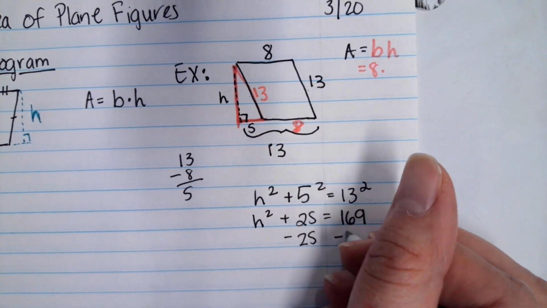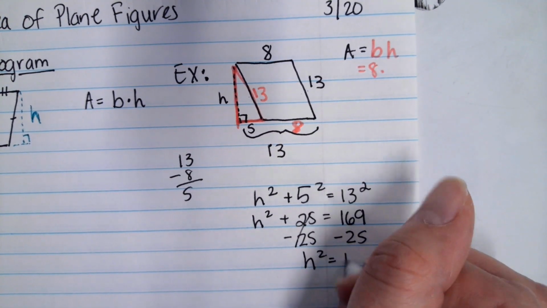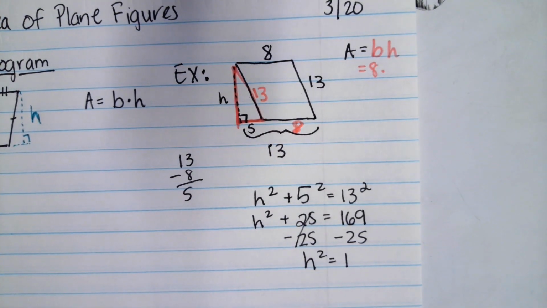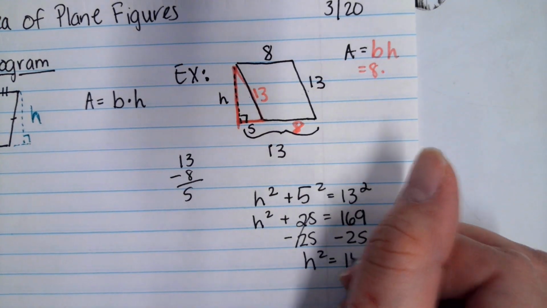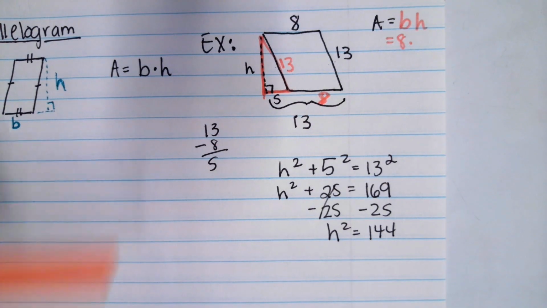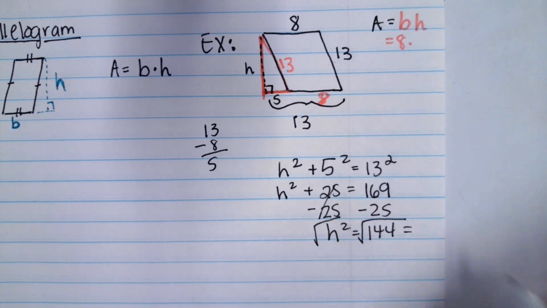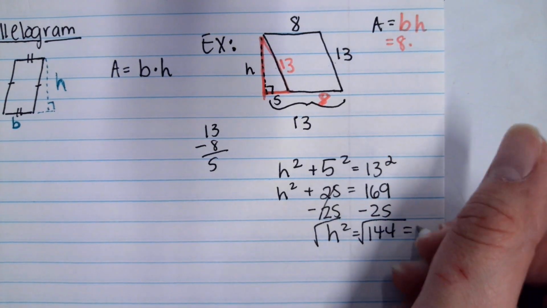Subtract that bad boy over. We get 144. Check me on that. Square root, we get 12.